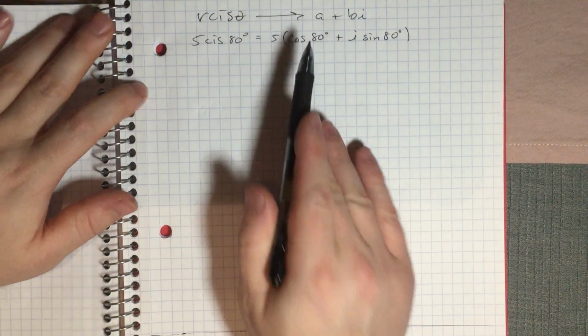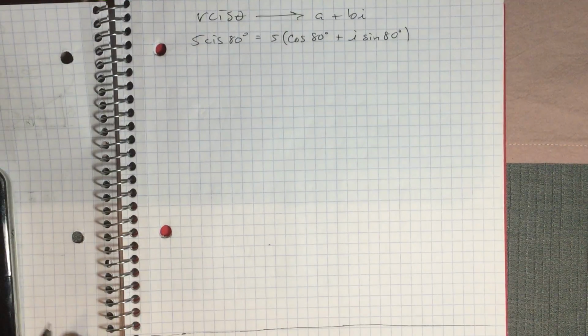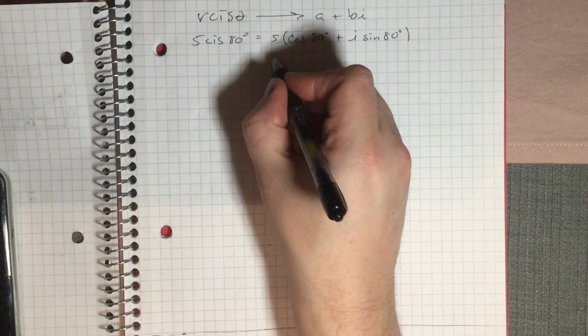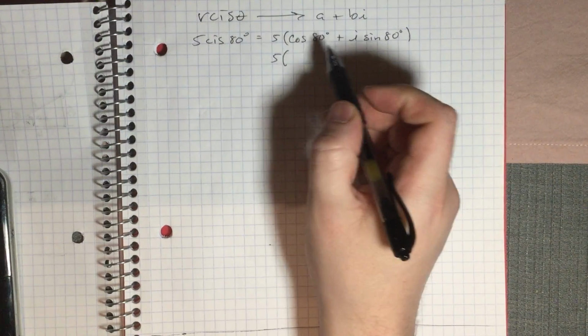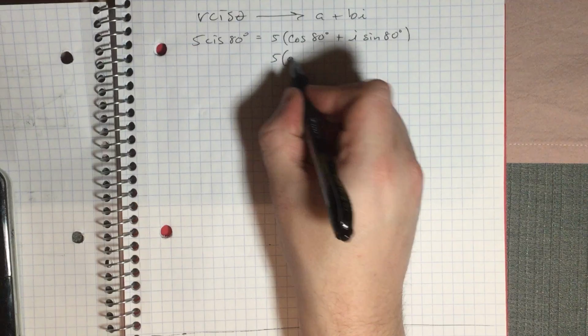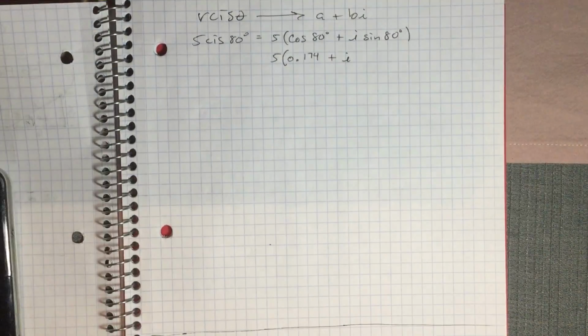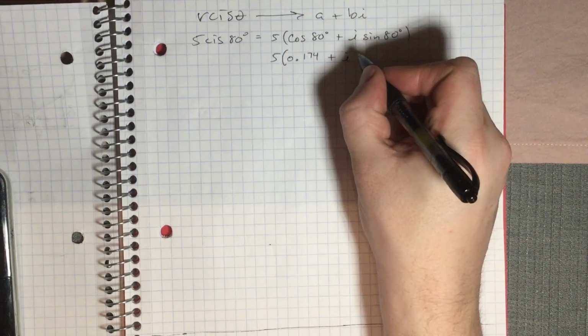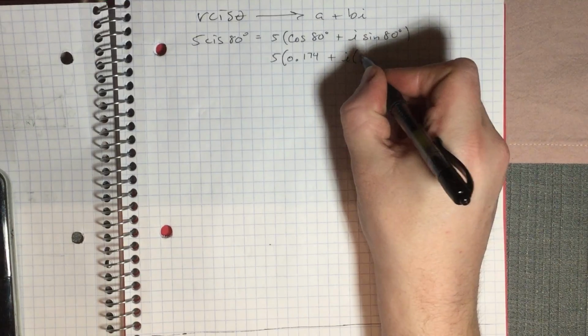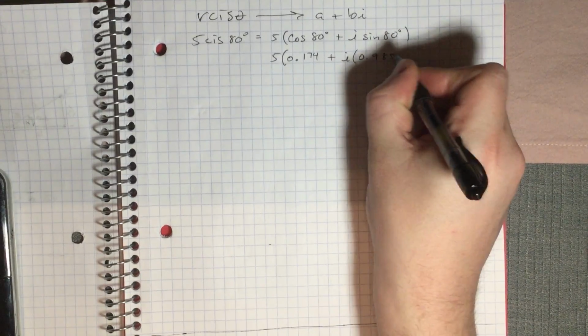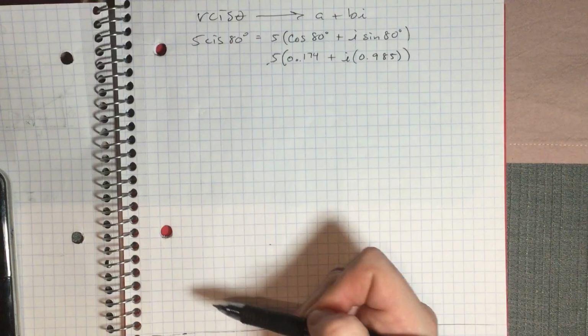And then you just find the cosine of 80, and put my calculator in degree mode. All right, so this is 5 times cosine of 80, which is 0.174, plus i times the sine of 80, which is 0.985, and then just distribute the 5.